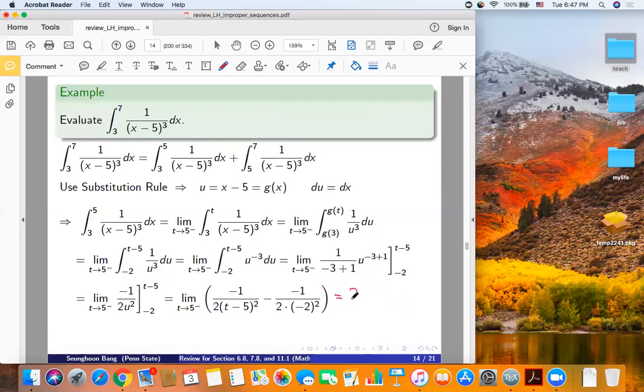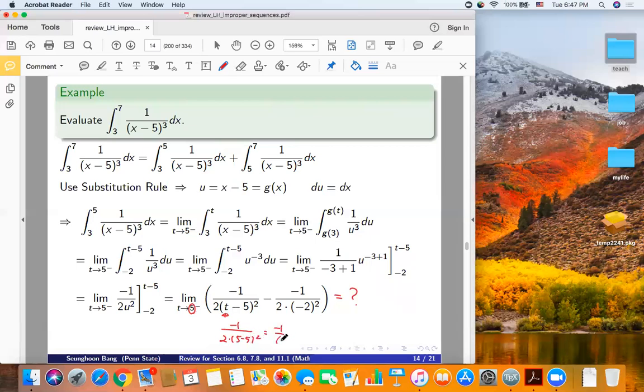So what is the answer? What is your answer of this limit? The last one. What's that? Divergent. Because you can plug in, as t approaches 5, into here. What happens? Minus 1 over 2 times (5 minus 5) squared.